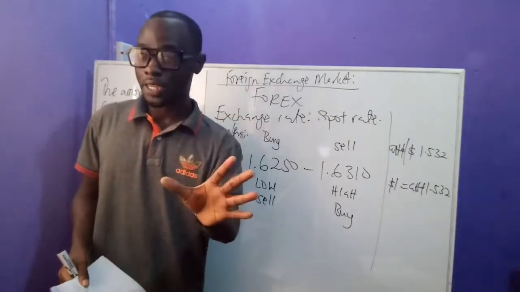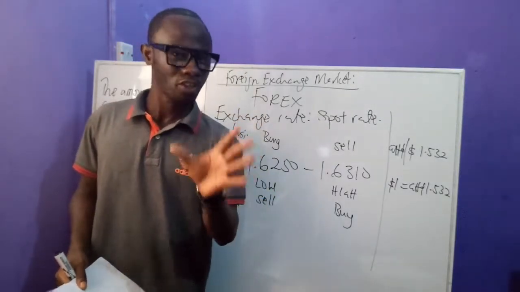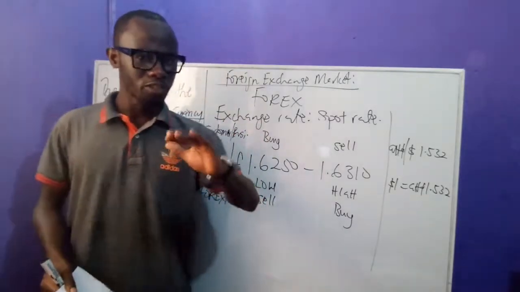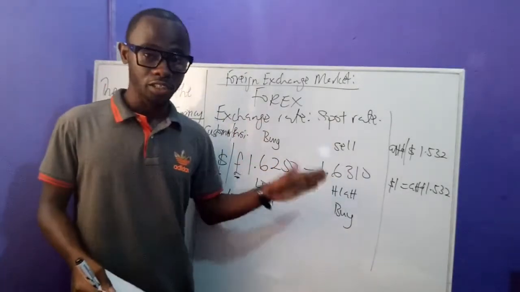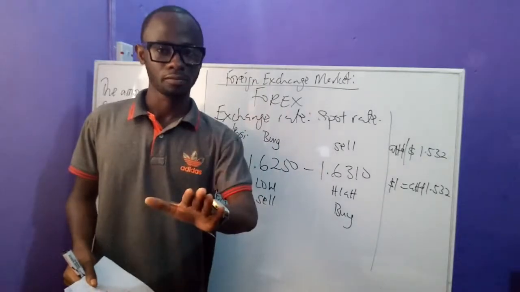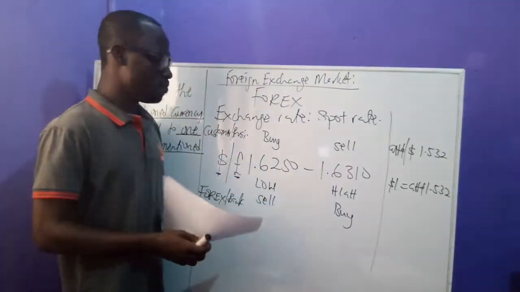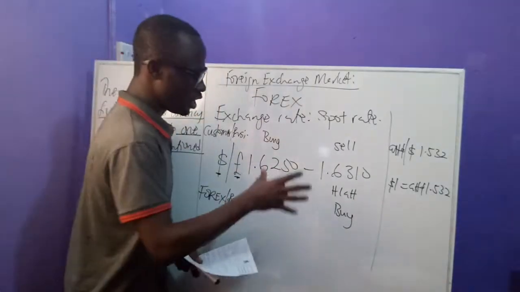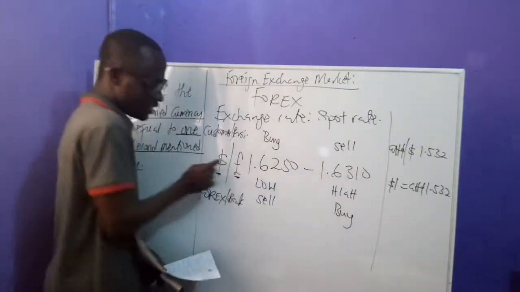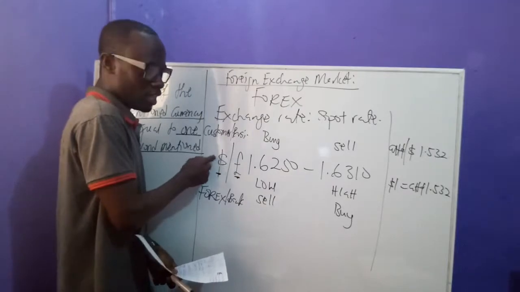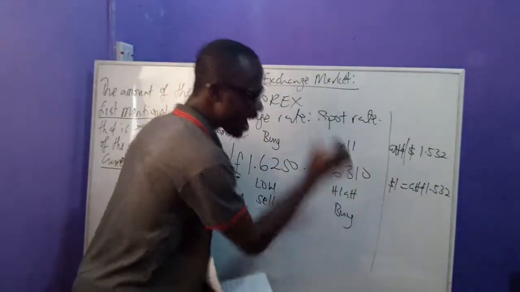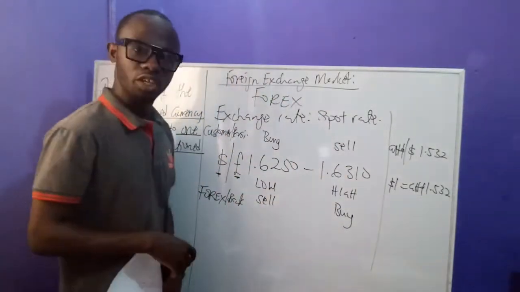Make sure you understand this, because this is what will help you determine which of these two rates you are going to be using. So the business is going to be buying the first mentioned currency at the low rate, and selling it at the high rate.